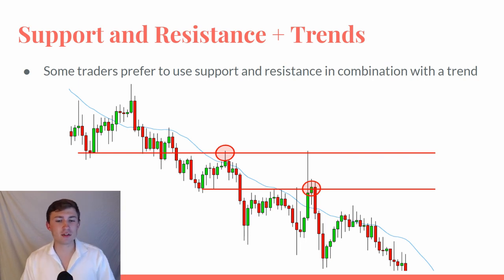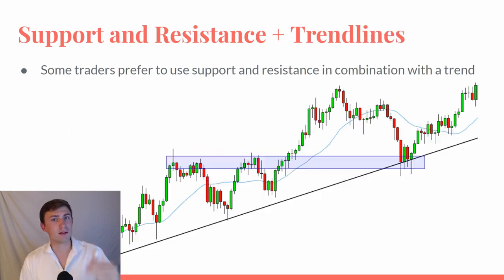For example, in this case, you can see a downtrend on the chart, and we would potentially be looking for only levels of resistance or sell points in this market, as opposed to looking for buyer zones. Now, this is simply using the concept of trend following, or market momentum, to our advantage, looking for levels that may be of interest and combining those two concepts to give us a higher probability chance of success. Next up, we can talk about support and resistance in the context of trend lines.